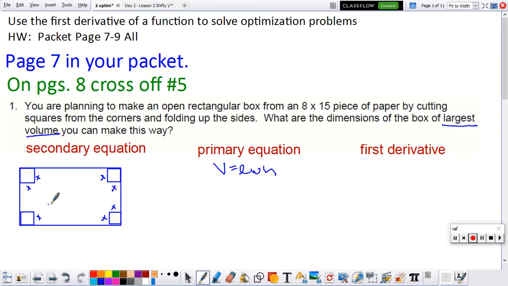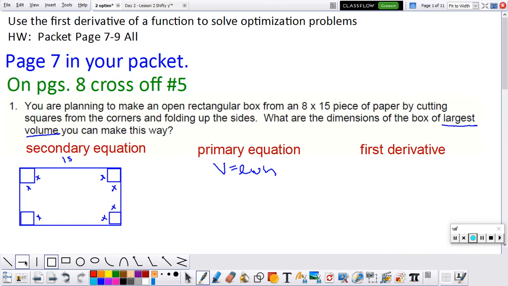So the length was originally 15, but now my new length from here to here, let's make this a little thicker.